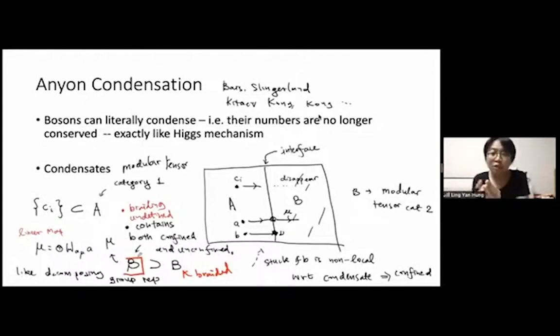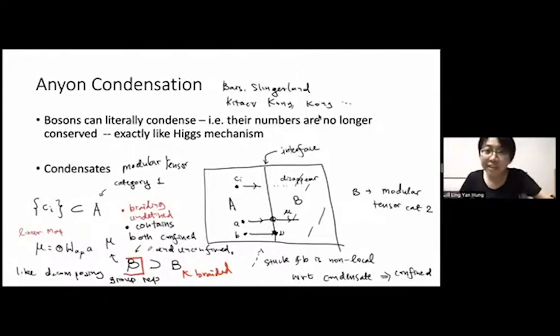It makes sense to fuse them, but only for part of it can you still define braiding. So anyon condensation connects a braided tensor category A to another braided tensor category B with some intermediate fusion category. Fusion category means only fusion is defined and braiding is not a well-defined quantity.